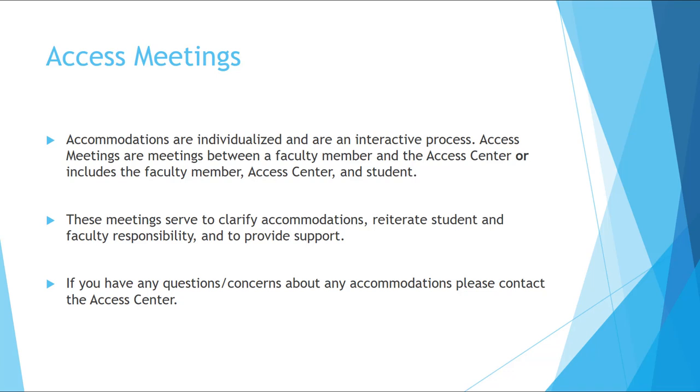If you have any questions or concerns about any accommodations, please contact the Access Center. We want to be of support. We want to make sure that you understand what's expected. We also want to be available if a student wants to discuss an assignment or an issue in the course and the Access Center needs to be involved.